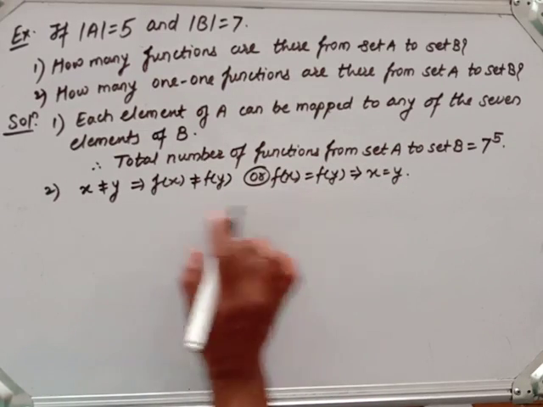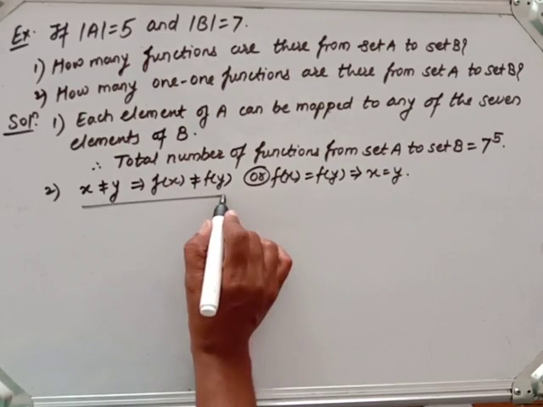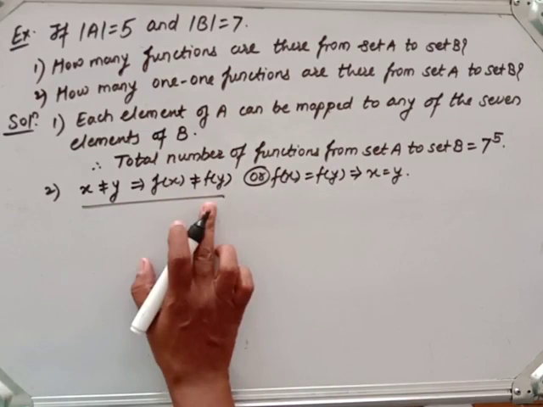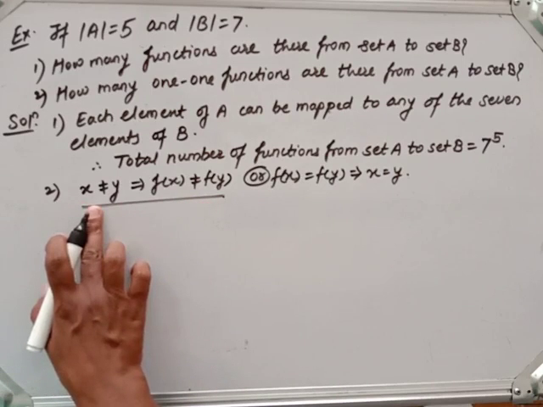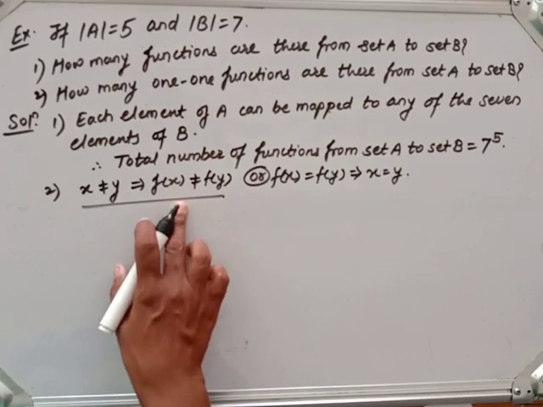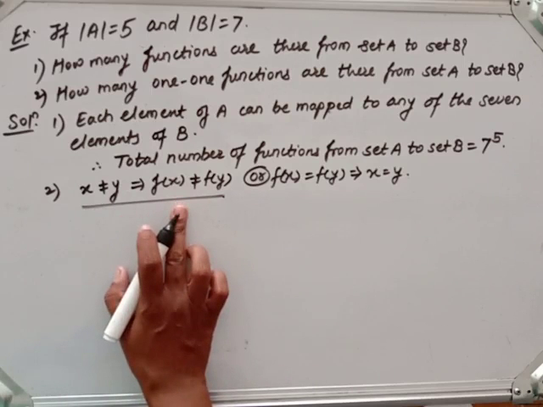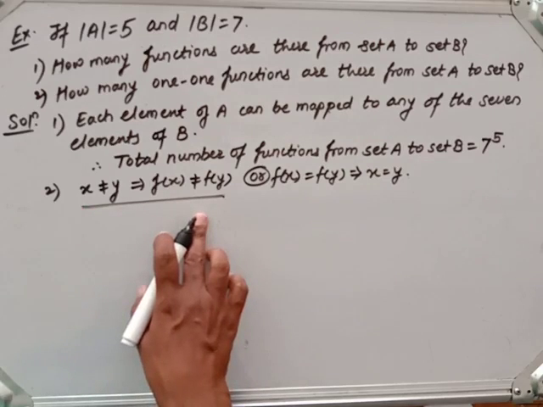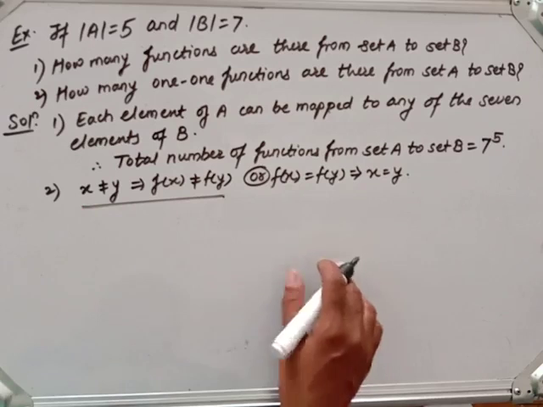Now, if we use this definition, two different elements should have different images. Means two different elements of A should map to different elements in B. So, first of all, for the mapping of the first element from set A, we have 7 choices.